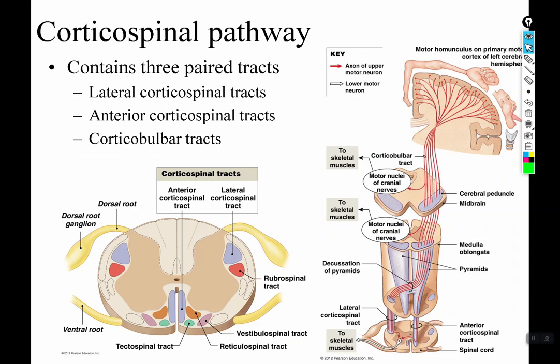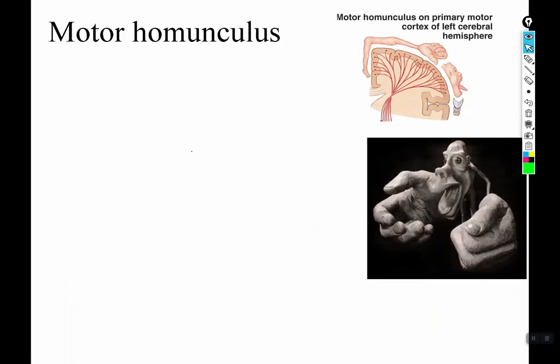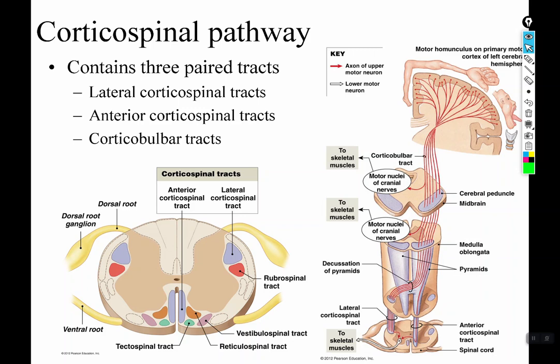So we've got the lateral and anterior, which is also medial, and then the corticobulbar tracts, which are their own thing. So let's check those out. Remember I said lateral corticospinal tracts decussate in the pyramids, cross over, and then excite lower motor neurons in the ventral gray horn.